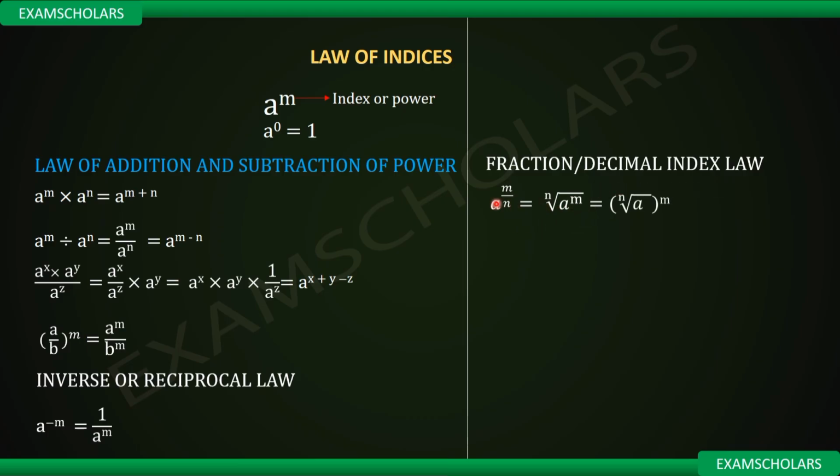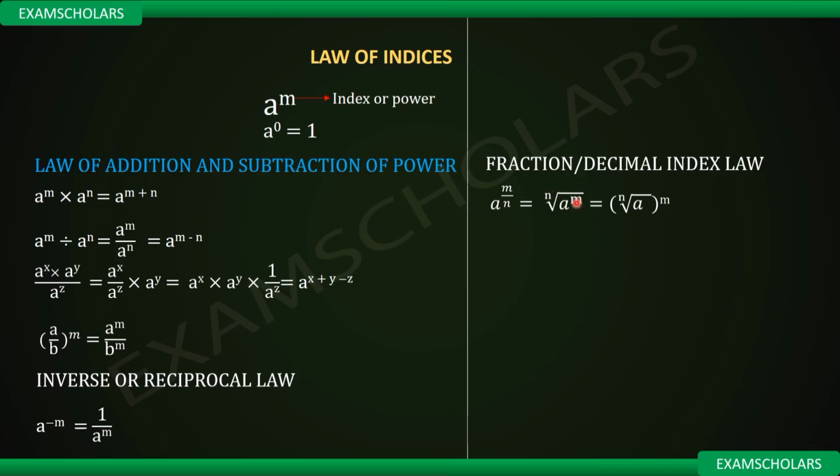The one at your numerator becomes the power. The denominator becomes the root. Numerator, power. Denominator, root. So a raised to the power m over n is still the same thing as a raised to the power m, and you now root it by n, the nth root of a raised to the power m.